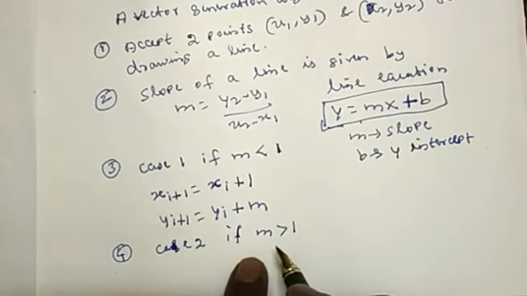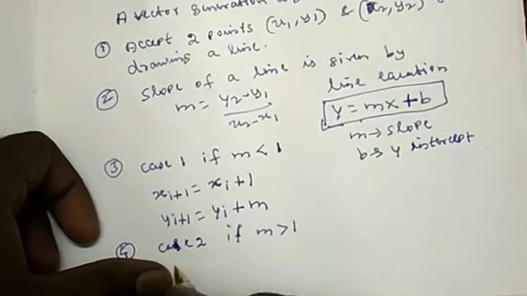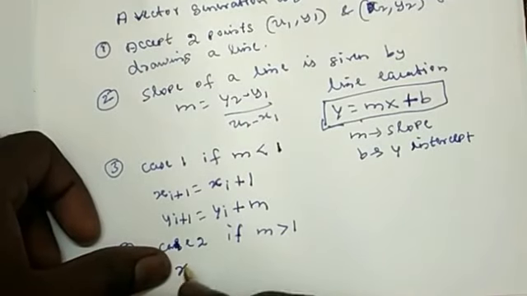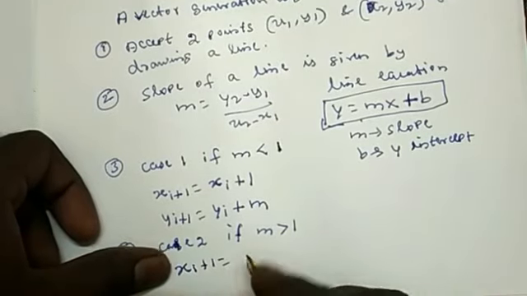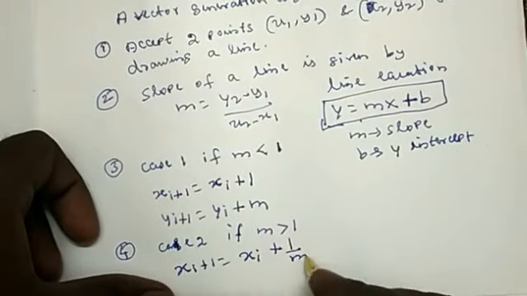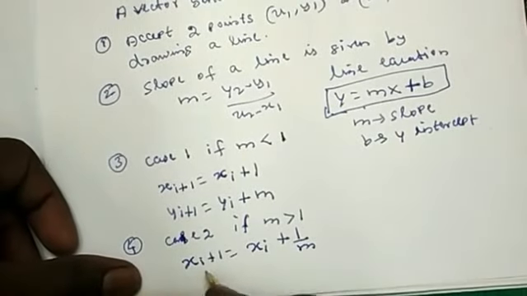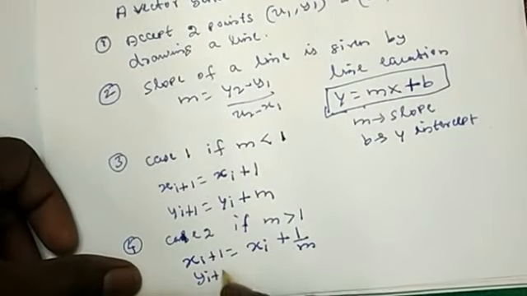Then obviously the m value will be greater than 1. In that case, what you have to do is x of i plus 1 is equal to x of i plus 1 by m, and y of i plus 1 is equal to y of i plus 1.